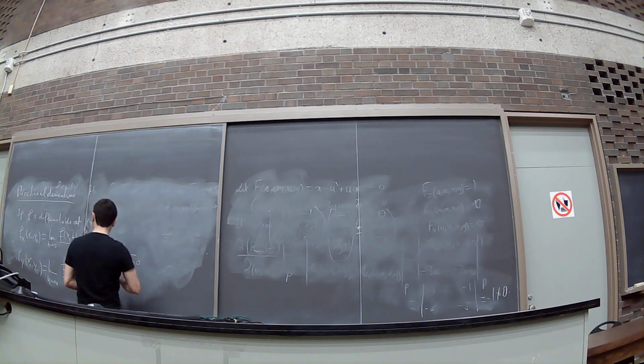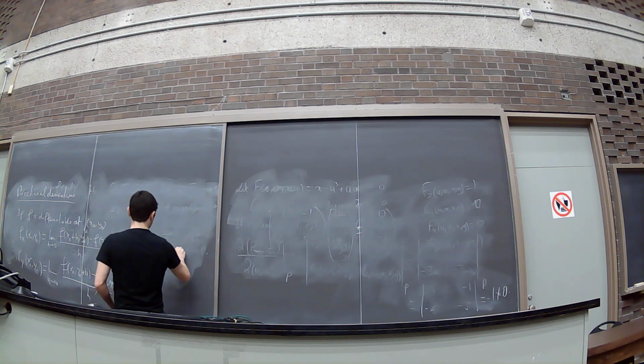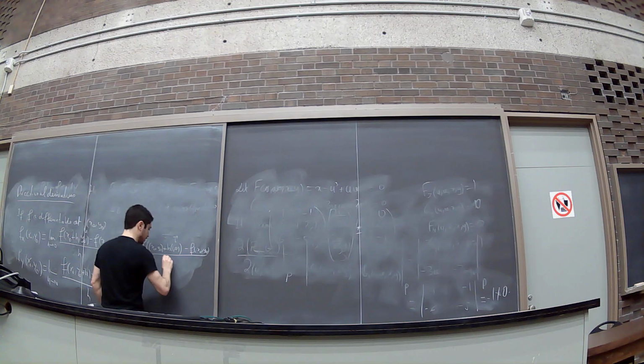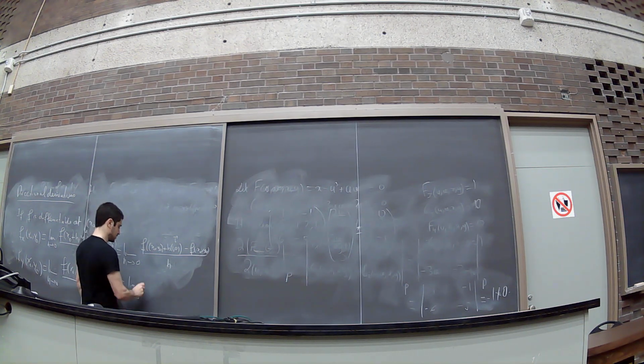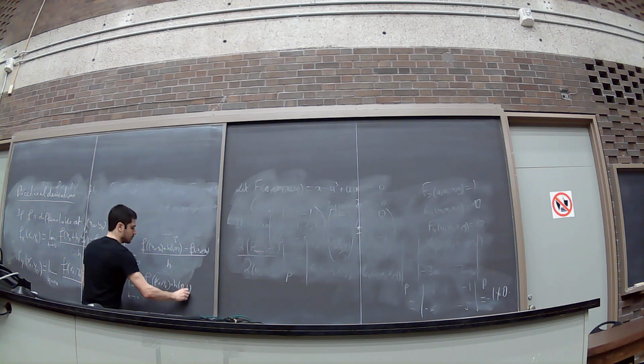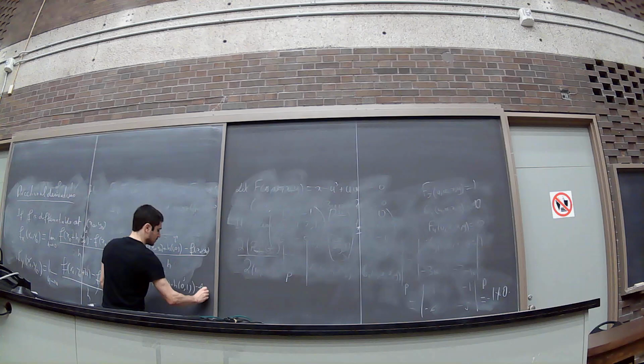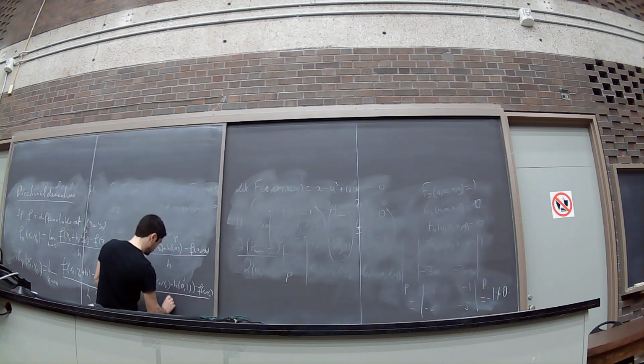I will write this as f of x0 y0 plus h times 1, 0. This vector we'll call i, over h, limit as h goes to 0, plus h times 0, 1, which I'll call j, over h.